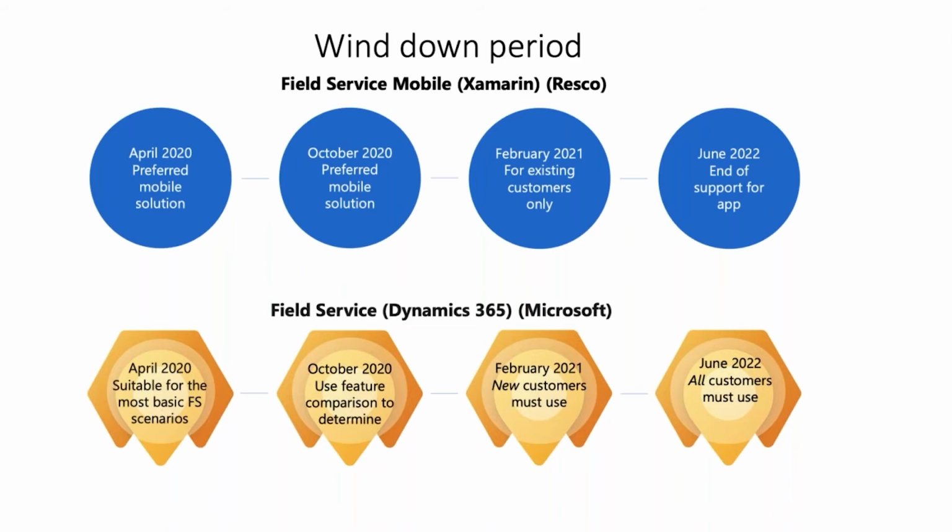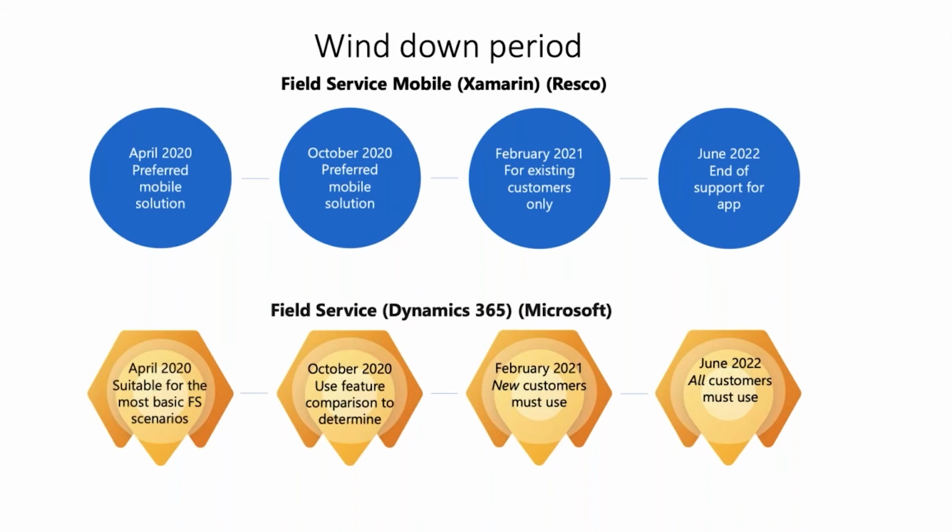However, Microsoft announced last year that there's a plan to end the support for the Xamarin application, and that end date has been established as June 2022. So by this time of next year, Microsoft plans to end the support for this application.